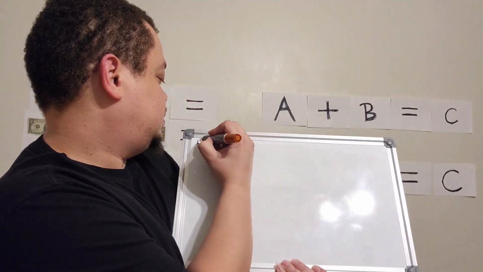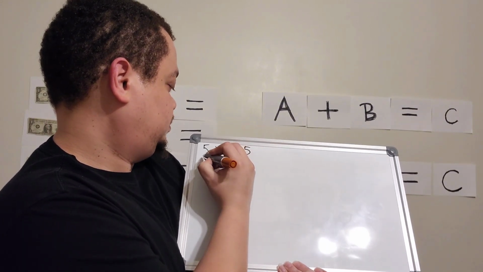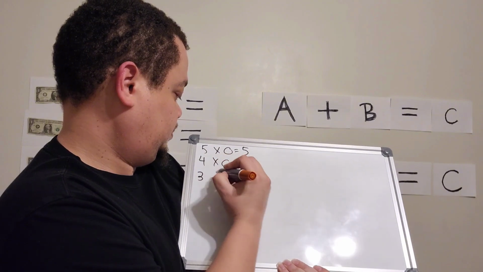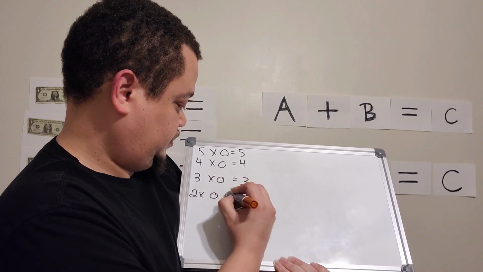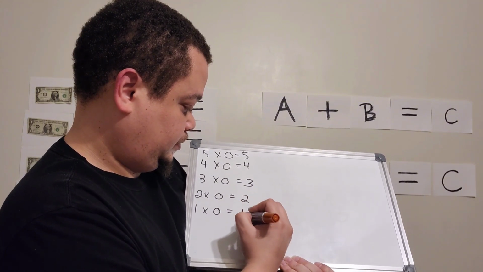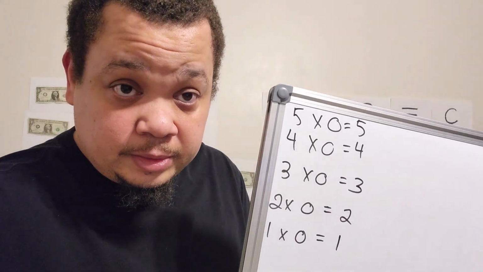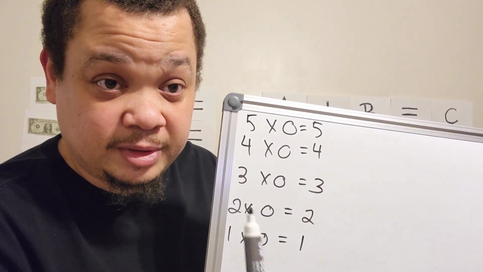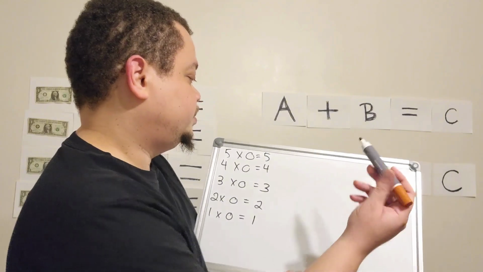Let's just do it like this so you remember. Now, this is what 0 is supposed to be when you multiply it to another number. Okay?